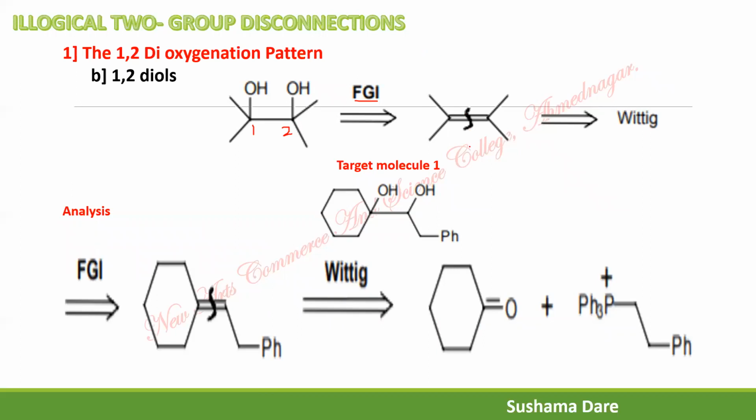Now consider this is a new target molecule. For the double bond, you have to ask the question to the target molecule, is it present inside the ring or is it not a part of a ring? As it is not a part of a ring, we go with the Wittig reaction. So after the Wittig reaction, it gives acetone on one side and isopropyl halide on the other side.